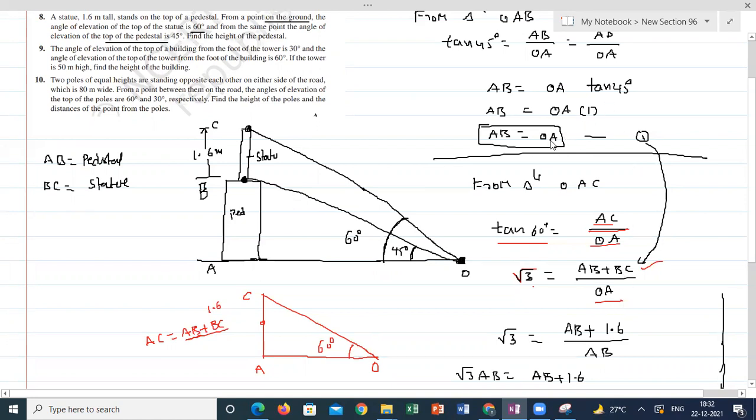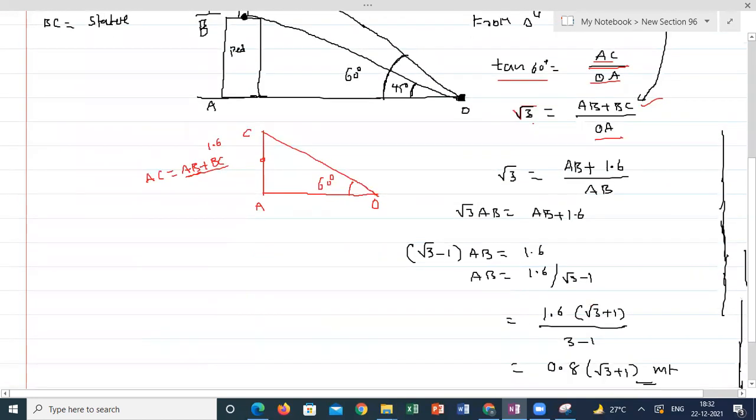From the first triangle, I got AB is equal to OA. That means I can replace OA with AB. So the denominator OA is replaced with AB. Now I have an expression with a single unknown value AB. So now my equation is root 3 is equal to AB, which is the height of the pedestal, plus 1.6 by AB.